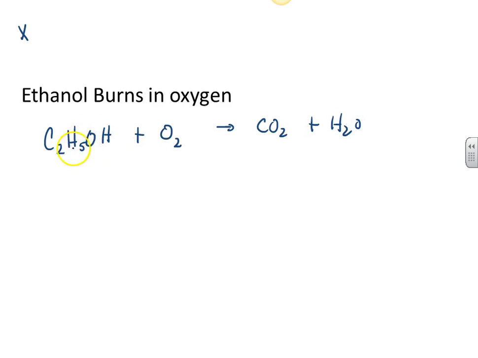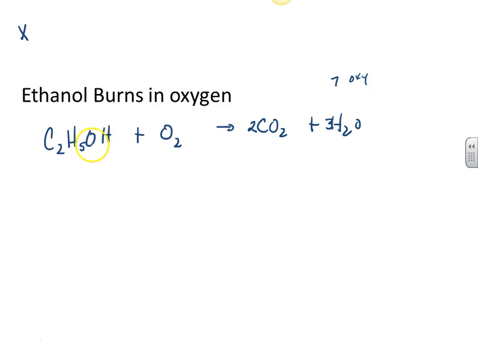So over here I've got 5 plus 1 hydrogen. I'm going to put a 3 here for that. I've got 2 carbons, so I'm going to put a 2 there. That gives me 4 oxygens plus 3 is 7 oxygens. Let me write that down on this side. And over here I've got 2 plus 1 is 3.